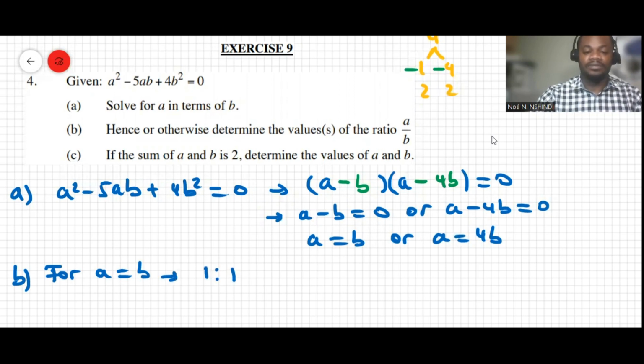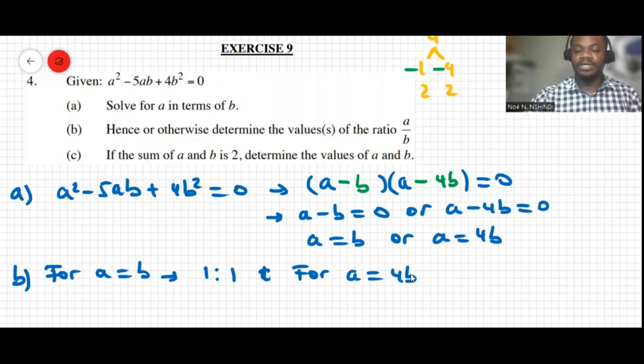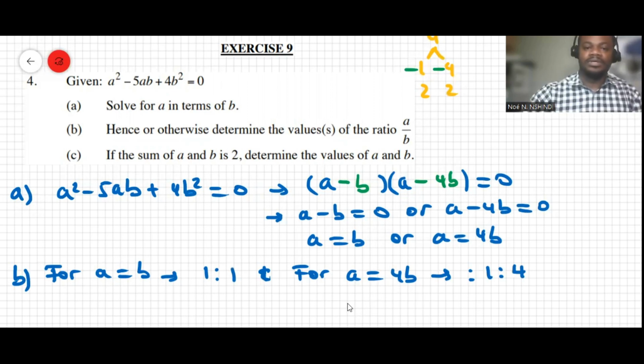And then for a equals 4b, you can see that if you have 1a there, it must be 4b. So the ratio will be 1 to 4. So 1a and then 4b, then we have equality.